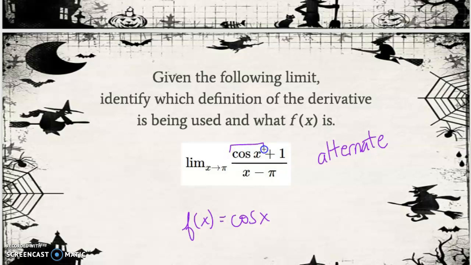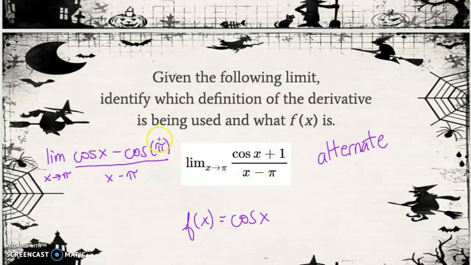That's my f of x piece that comes first in the alternate form. It looks a little bit funny because you don't actually see f of a, but if I was going to write it out, I would have the limit as x approaches pi, which would be my a value in my alternate form, of cosine of x minus cosine of pi all over x minus pi.